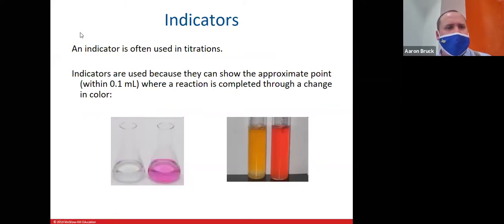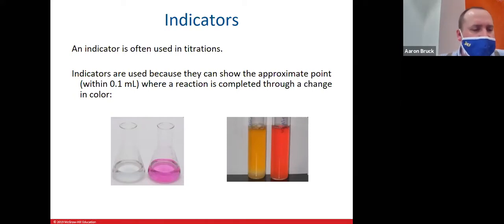So a little bit more here about indicators. Indicators are often used in titrations, and the reason why is they usually give us a pretty good approximation, within usually about 1/10 of a milliliter, often less, of the true equivalence point. And depending upon the concentration of our solution, that 1/10 of a milliliter is not going to make that big of a difference in the overall calculation of the concentration.